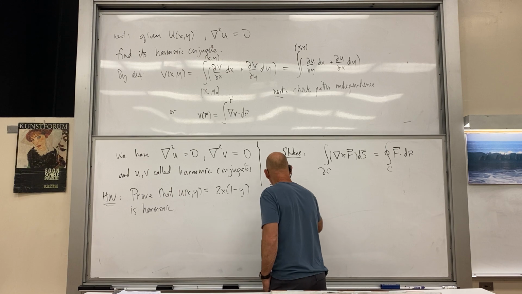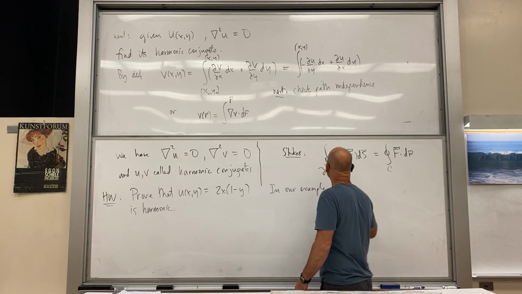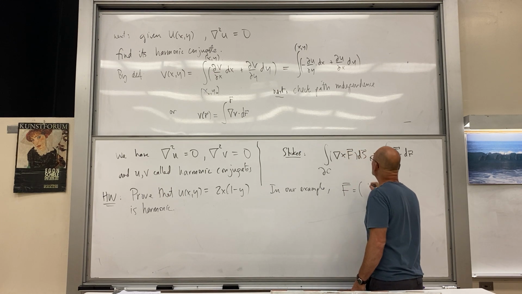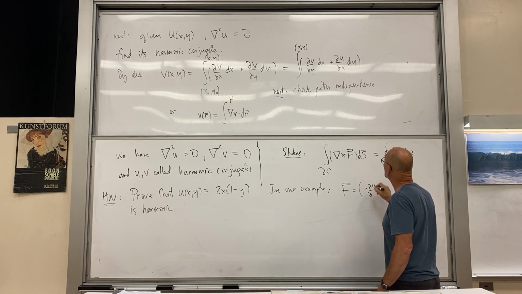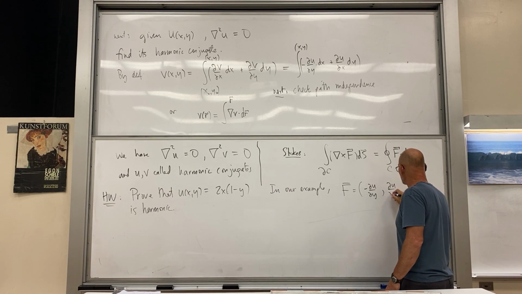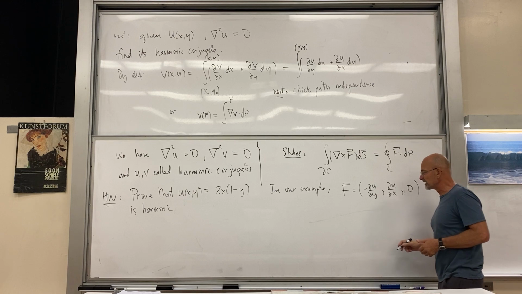So in our example, that vector would be minus du/dy, comma du/dx, comma 0. Got our third dimension here.